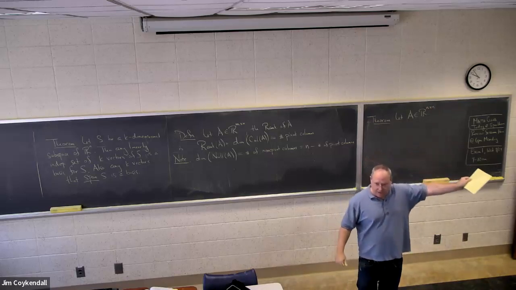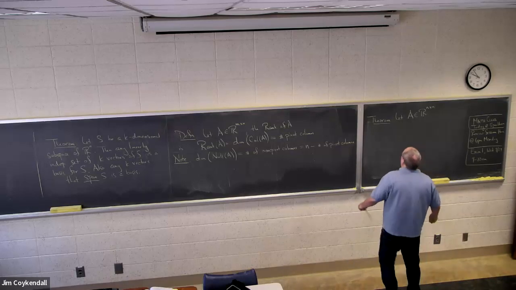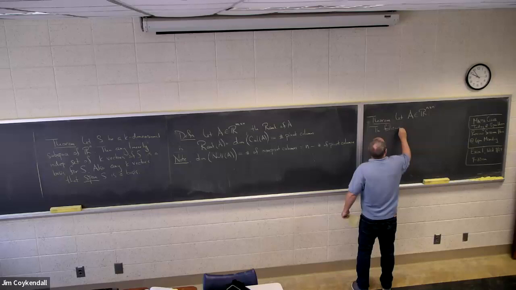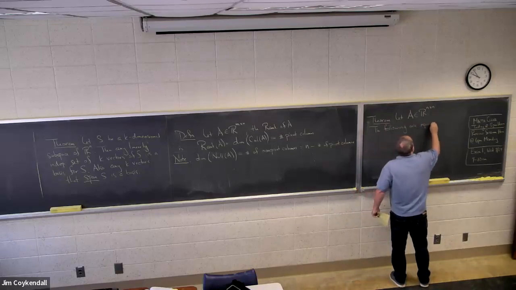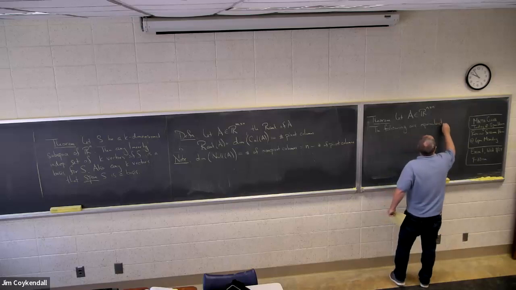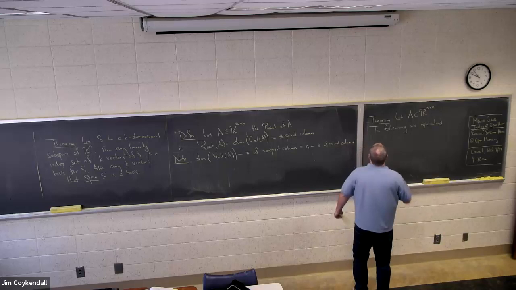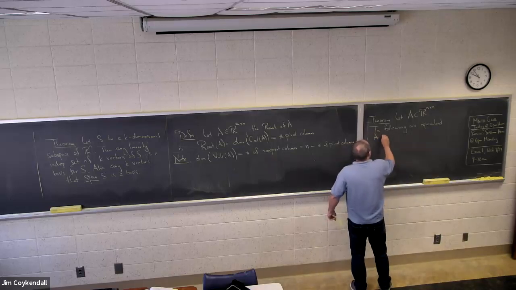Pay attention to that, because we're dealing with a square matrix here. The following are equivalent. As I talked about earlier, these different-sounding statements are all logically equivalent. 1, A is invertible.